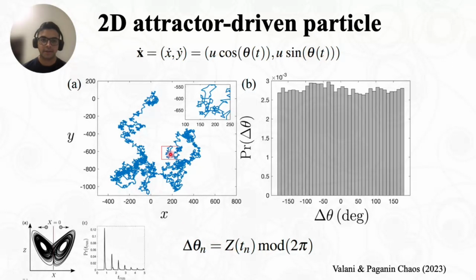If we do this, then we have a two-dimensional run and tumble particle where the particle will run in a constant direction for a while and then tumble according to the z variable. And it turns out that if we do this, we get almost a uniform distribution of the turning angles.